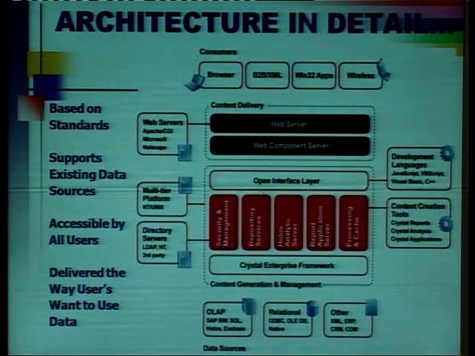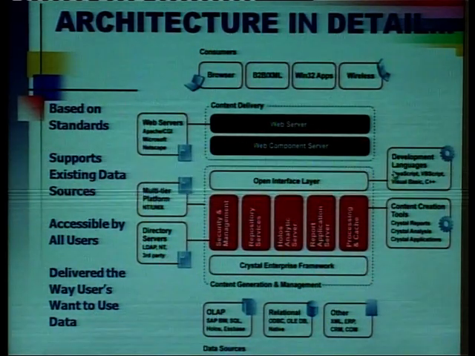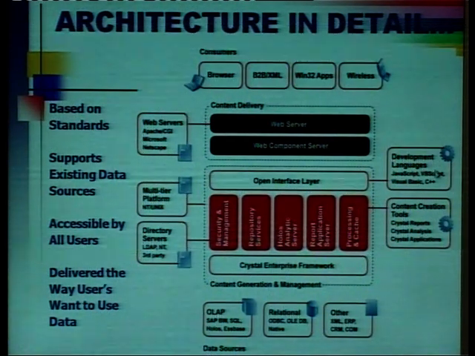There is an open interface layer, which is a kind of development language. This language can be JavaScript, VBScript, Visual Basic or C++. These are the development languages which provide an open interface layer to this architecture.